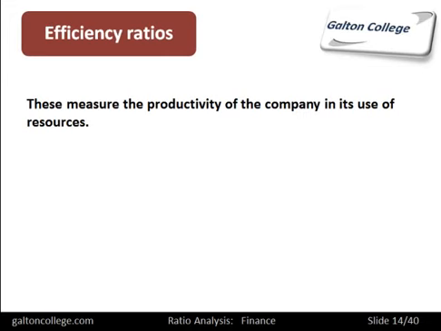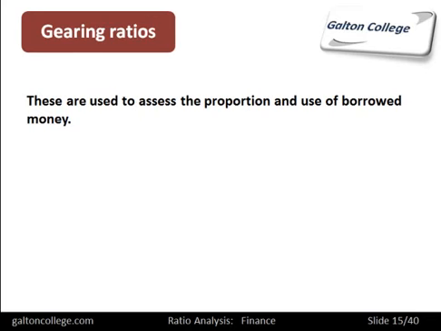The next ratio was efficiency. These measure the productivity of the company in its use of resources. These are used to assess the proportion and use of borrowed money. These are the gearing ratios. So gearing is the proportion of the assets available which have been borrowed.